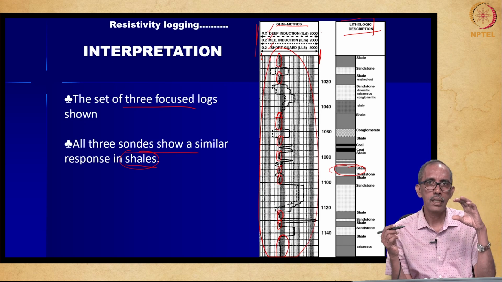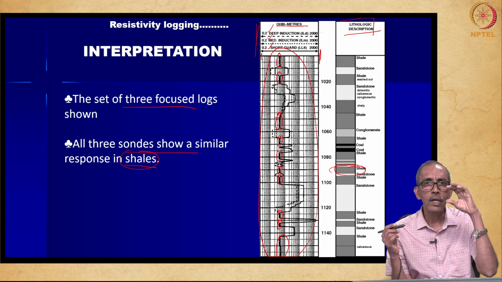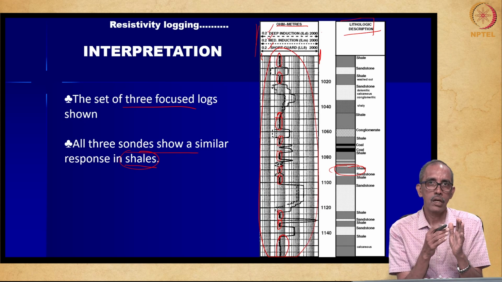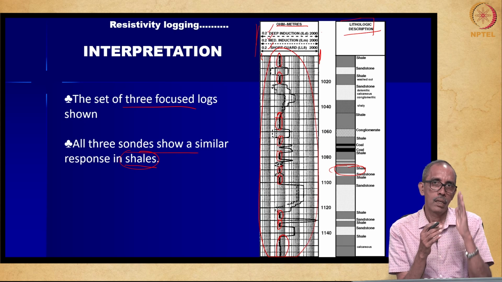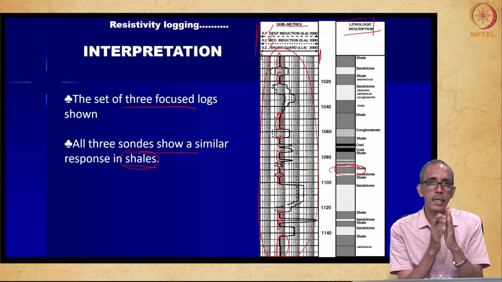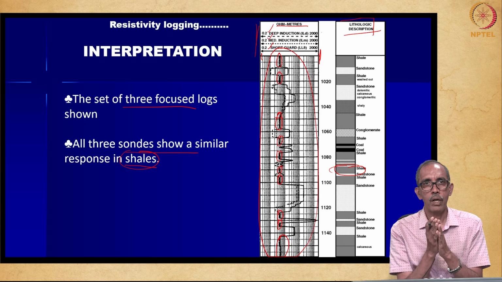The hydraulic conductivity or permeability of clays and shales is very, very small. So, drilling fluid cannot enter into the bore, into this shale formation. Due to this reason, whether you use short induction or medium induction or deep induction, you have the same response.